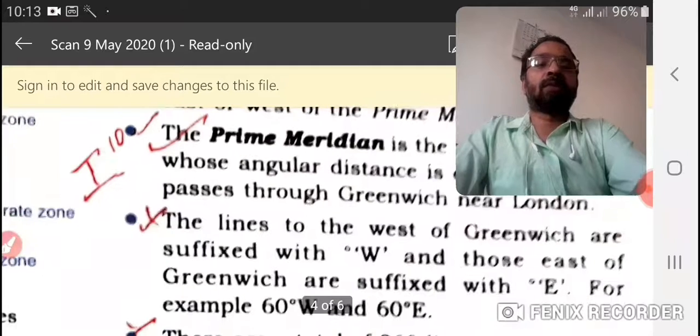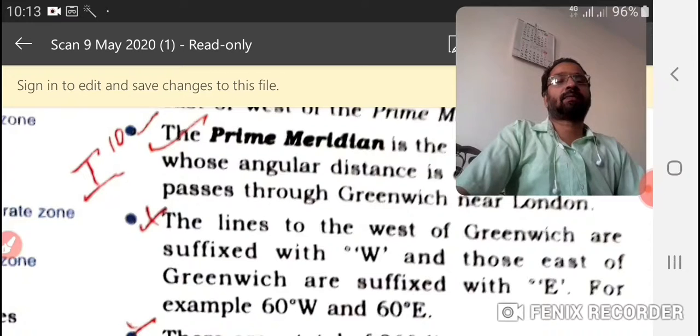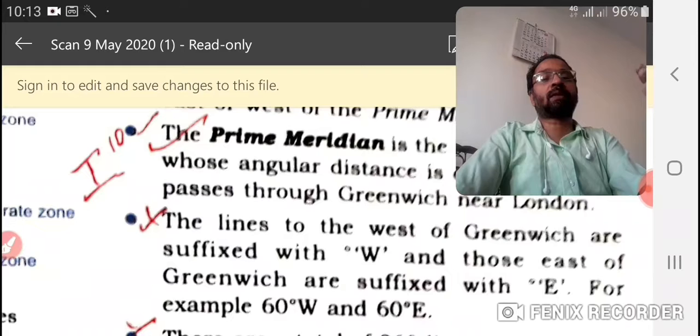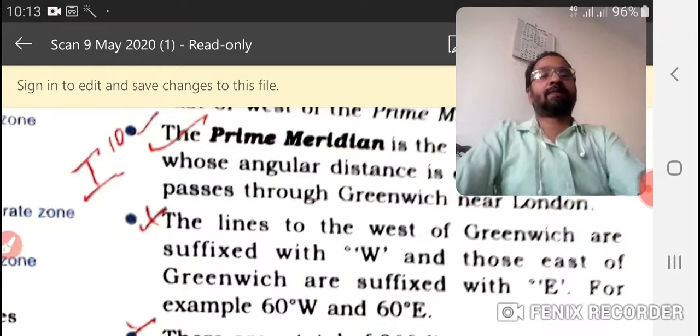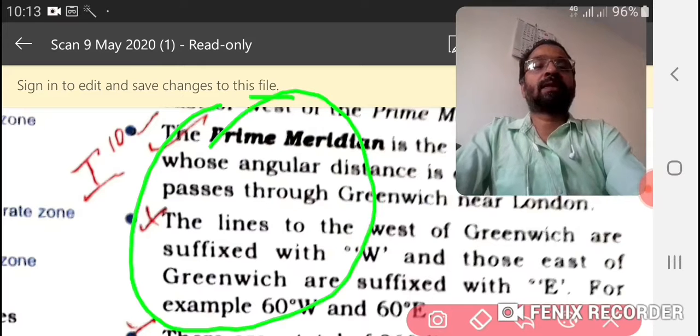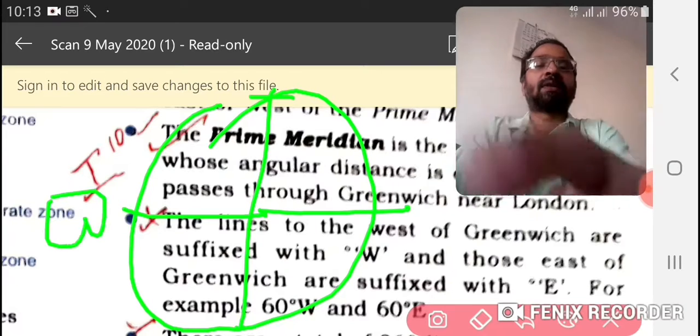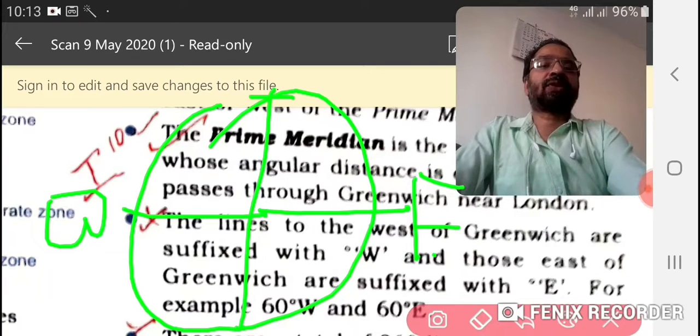Now let us go to another point. The lines to the west of Greenwich are suffixed with degree west, and those east of Greenwich with degree east. I am showing you: this is the earth, this is Greenwich, this side is west and this side is east.